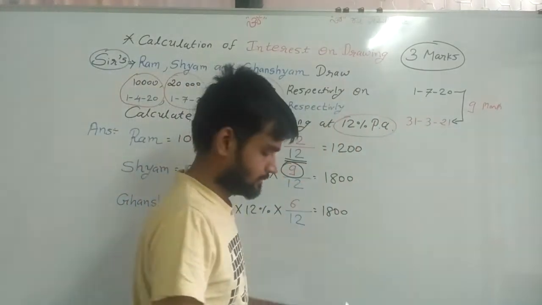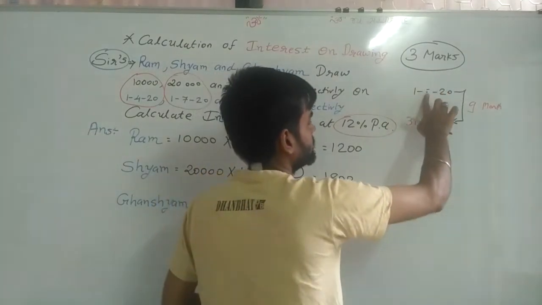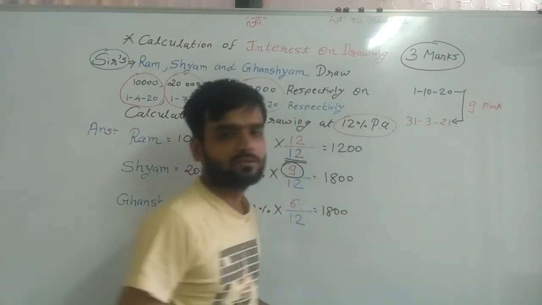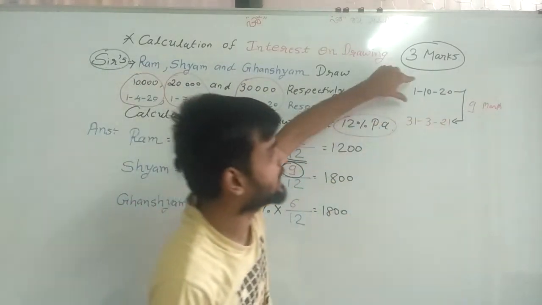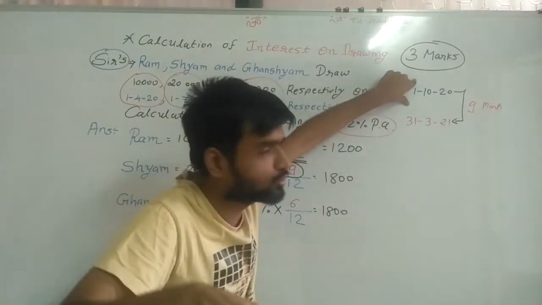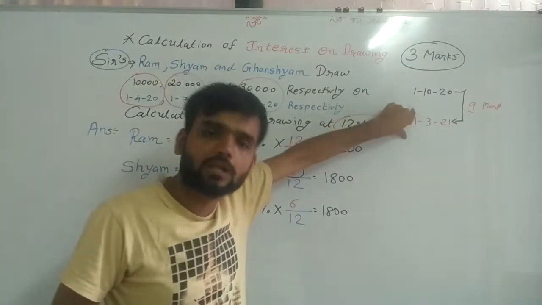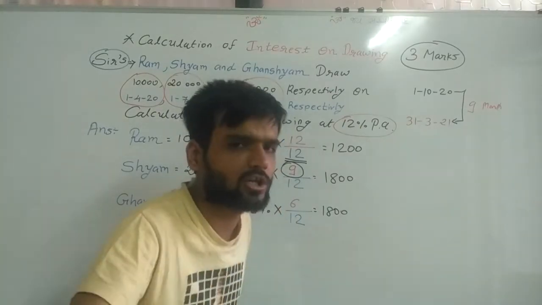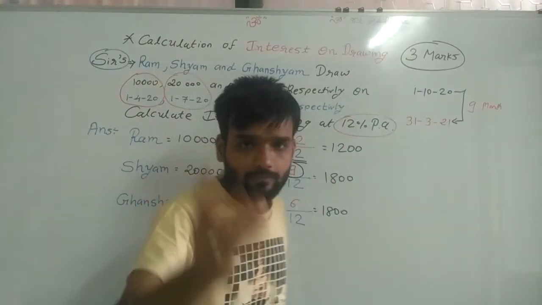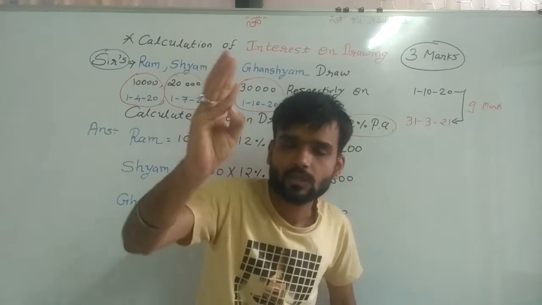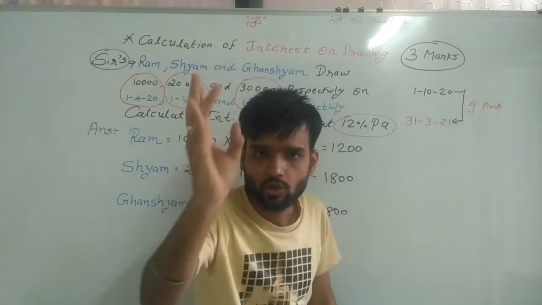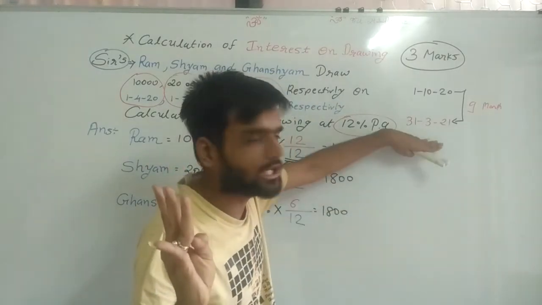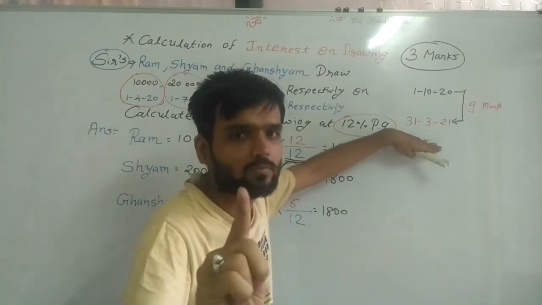So change the date from 1/10/20 to 31/3/21. How many months are there? So again calculate: 10, 11, 12, 1, 2 and 3. So up to year end there are 6 months.